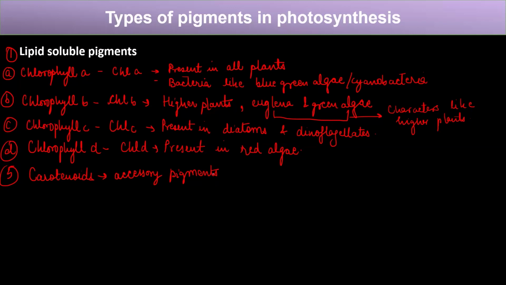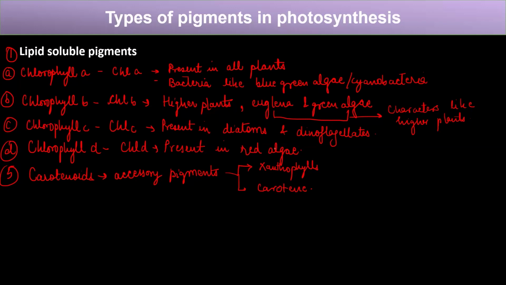These accessory pigments are of two types. The first one is known as xanthophylls, and the second one is known as carotene.